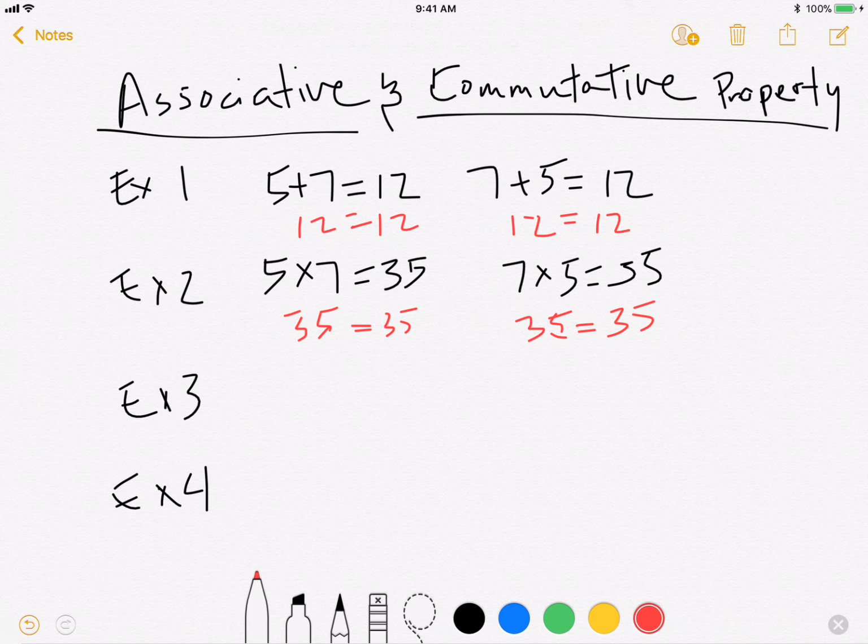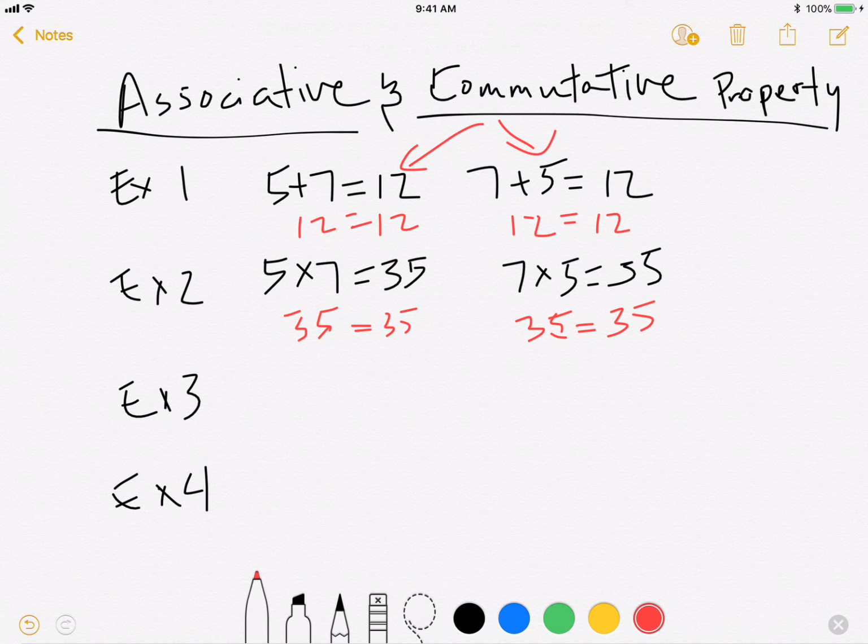Okay, so the commutative property is simply this idea that when we are using addition or multiplication, we can commute, meaning to move. We can move the two things that we're using, like the 5 and the 7, either with addition or with multiplication.